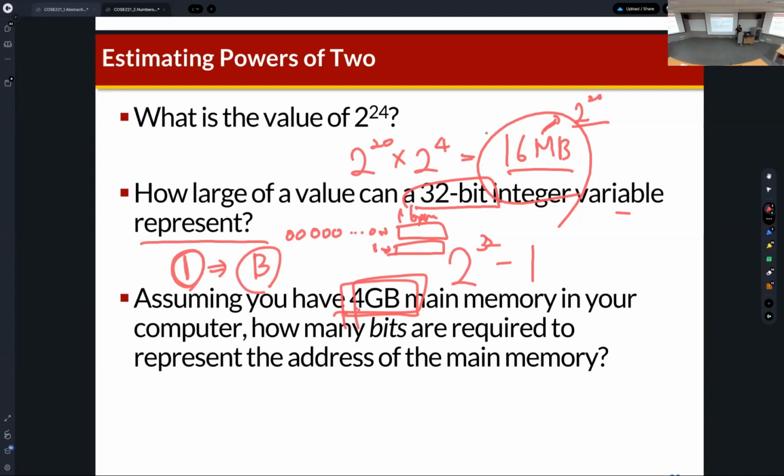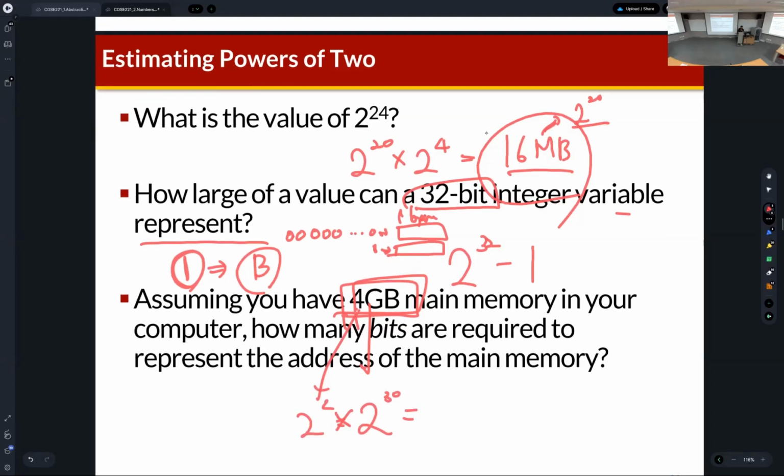What is 4 giga? Giga is 2 to the 30, and 4 is 2 to the 2, so multiplied it is 2 to the 32.